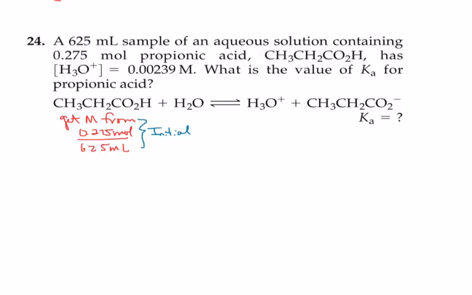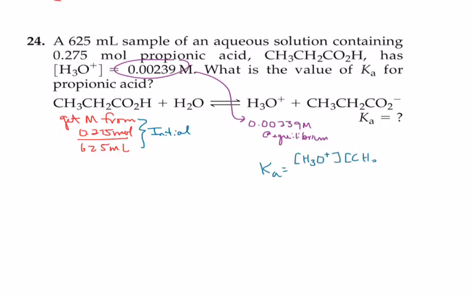So you're going to have to get the molarity of the weak acid, CH3CH2CO2H, propionic acid. You get the molarity from the moles and the volume. But other than that, it's kind of like we've done here. In this case, you weren't given a pH, but by golly, you were given the equilibrium concentration of the hydronium cation, which is the same thing as the hydrogen ion.